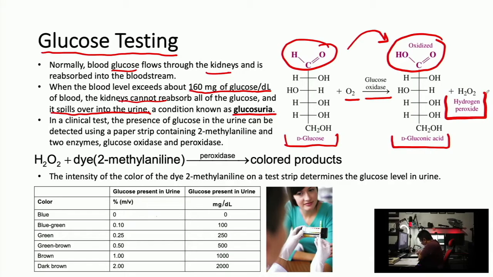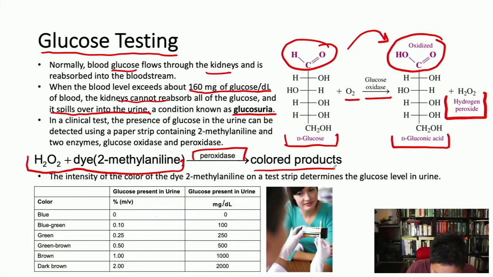And hydrogen peroxide, when you add it to a dye known as 2-methylaniline, with the peroxidase enzyme, you get a colored solution, right? And the color of the solution actually indicates the concentration of glucose in the urine.